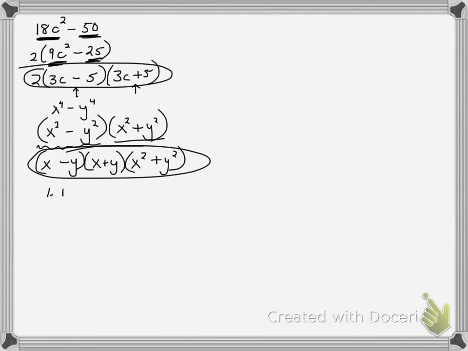So factor the monomial first, if you can, and factor your binomials completely. And if you keep those two rules in mind, let's see how many you can do on your own. We'll check the answers together. Work on the word problems very carefully by yourself before you come to class.